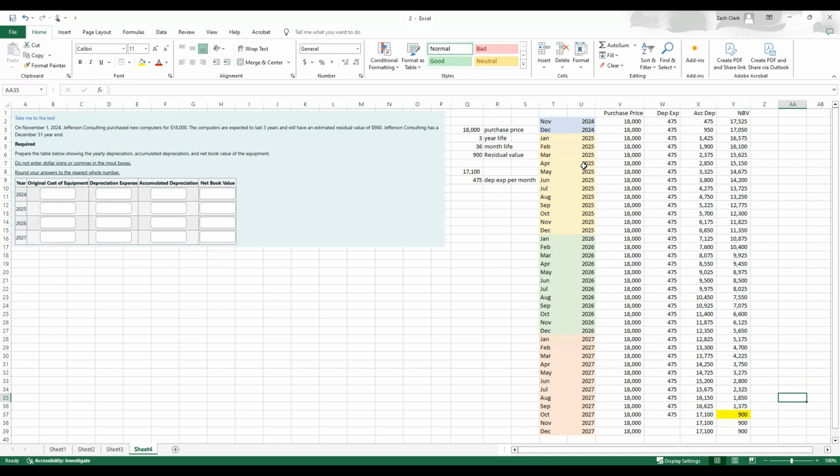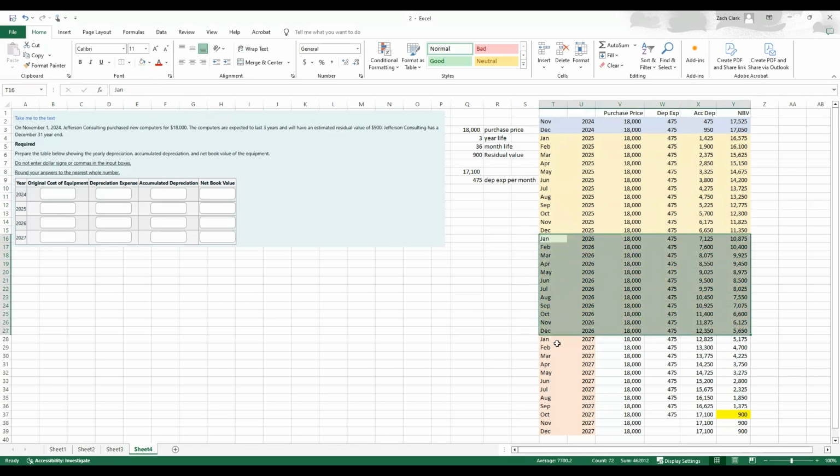So now what this problem is asking about is, I'm just going to color code these again. It's asking what the totals per year are, right, of the depreciation expense and accumulated depreciation balance, and so on.